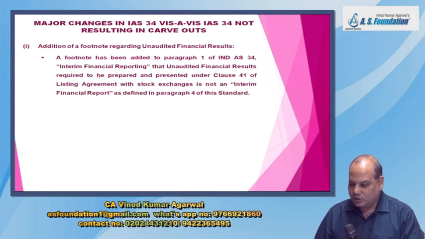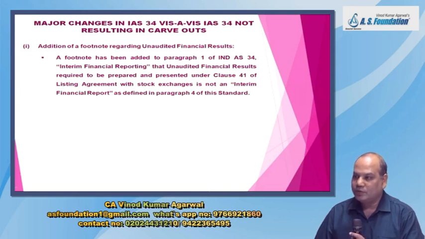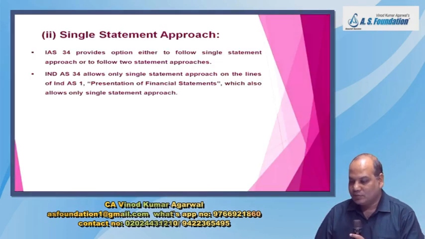So don't worry, there is a clause, interim financial reporting, that unaudited financial results required to be prepared and presented under clause 41 of the listing agreement with the stock exchange is not an interim financial report as defined in paragraph 4 of this standard. So this paragraph is only added in Ind AS 34. It is not mentioned, of course, in the IFRS, because IFRS does not follow Indian Stock Exchange requirements.